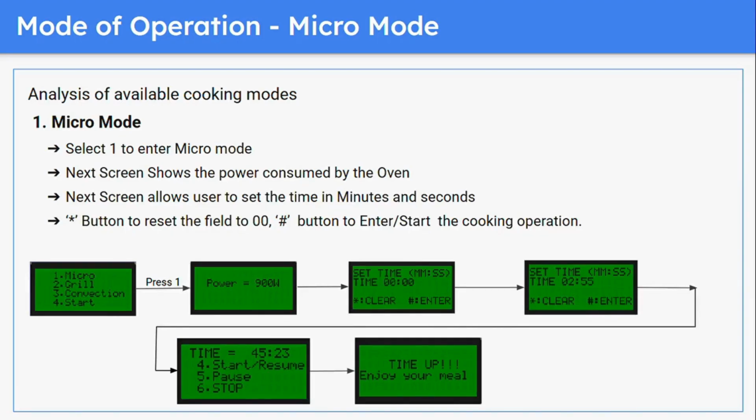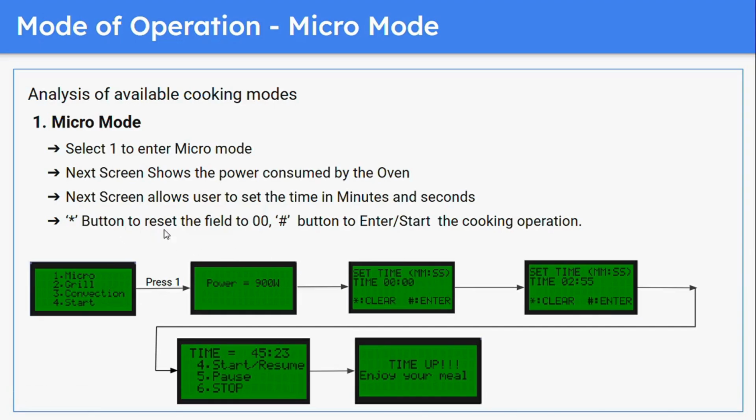The first mode is the micro mode, and to enter it, key 1 needs to be pressed on the matrix keypad. The next screen shows the power consumed by the oven. After 3 seconds, the user is prompted to set the time in minutes and seconds.